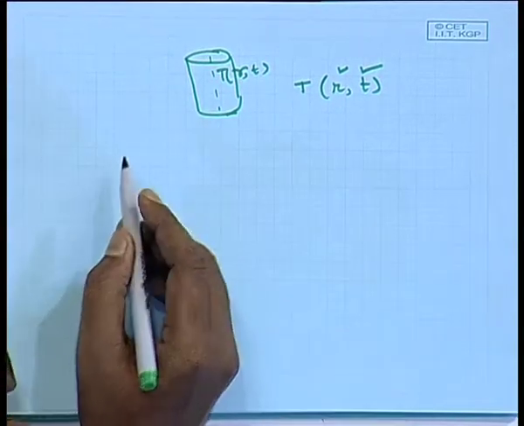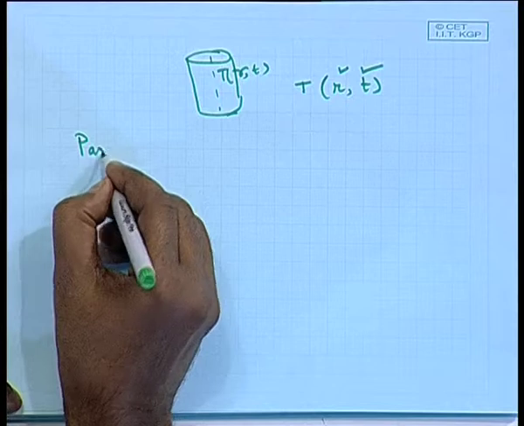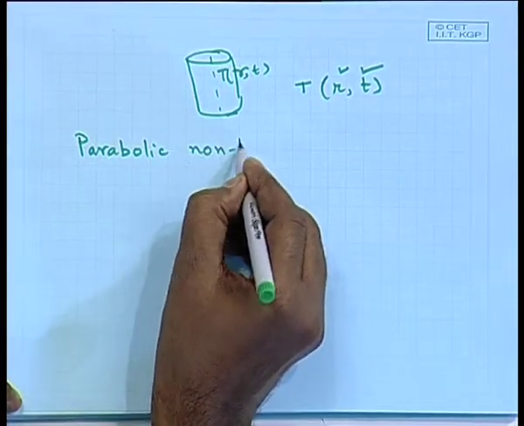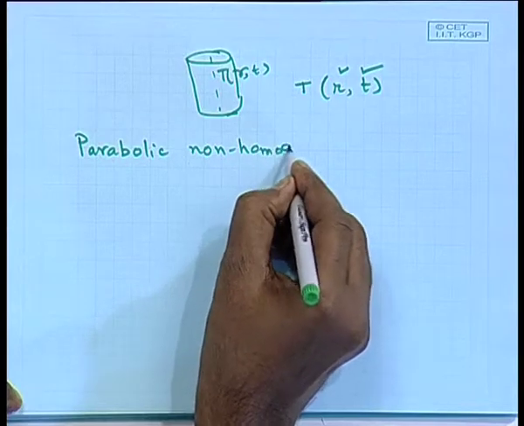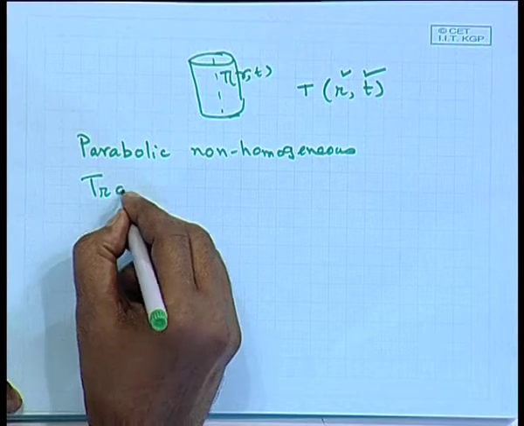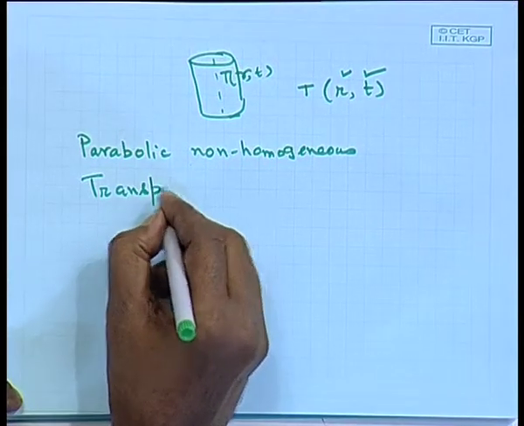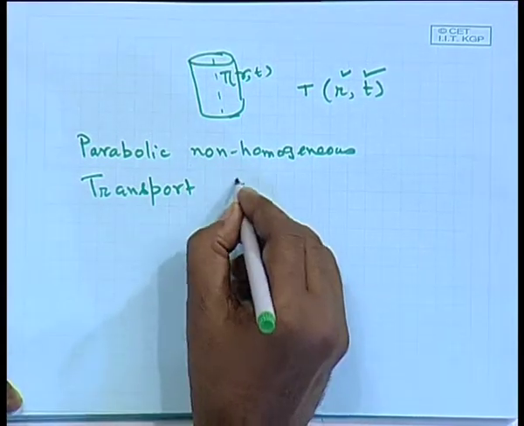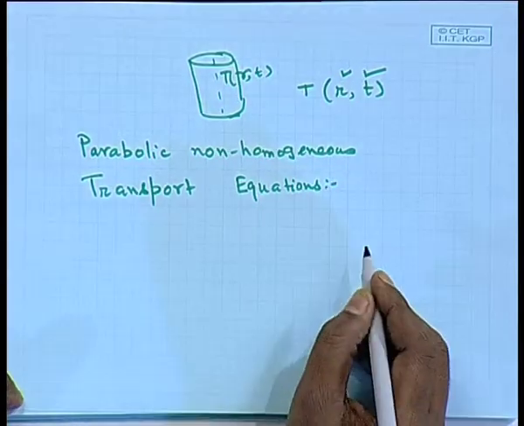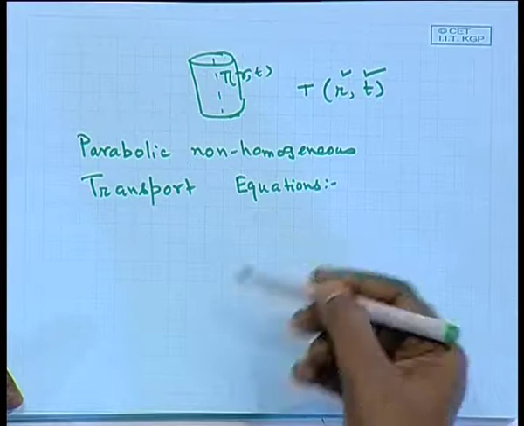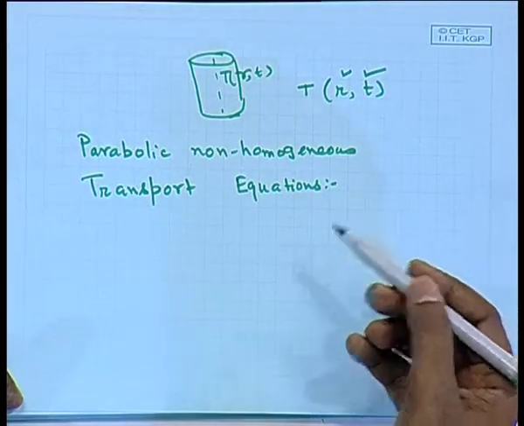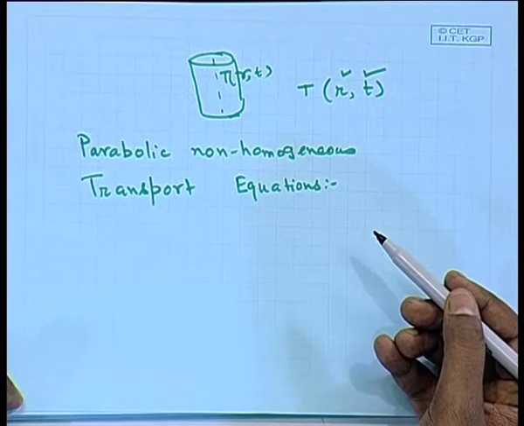Now, this kind of parabolic non-homogeneous transport equations are important in many cases. And if there is a volumetric heat generation term, you will be getting a generalized non-homogeneous term on the right hand side of your governing equation.